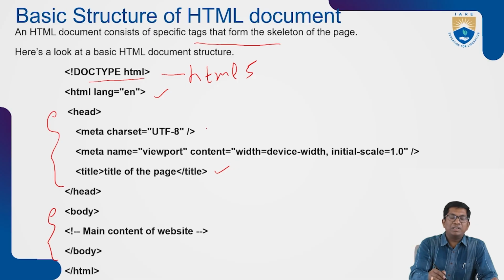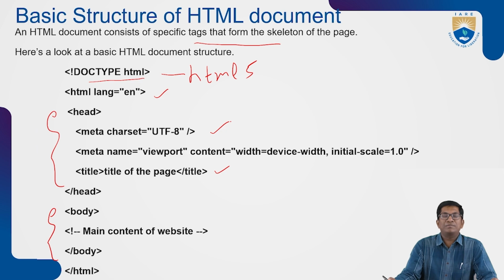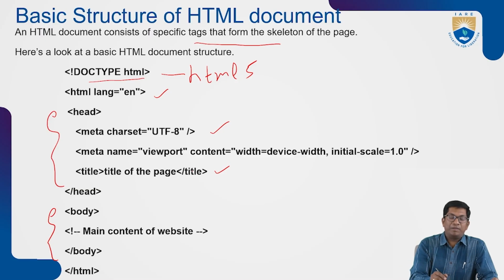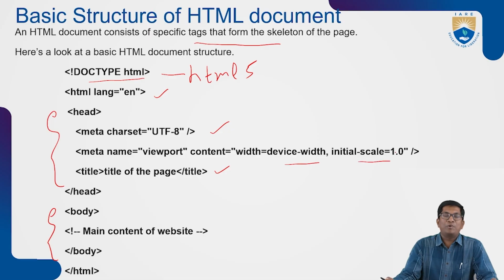One of the meta elements is meta charset equal to UTF-8, Unicode Transformation Format 8-bit. So data is transferred over the network in 8-bit characters from source to destination or destination to source. Then meta name equal to viewport, content equal to width equals device-width, and initial-scale equal to 1.0.